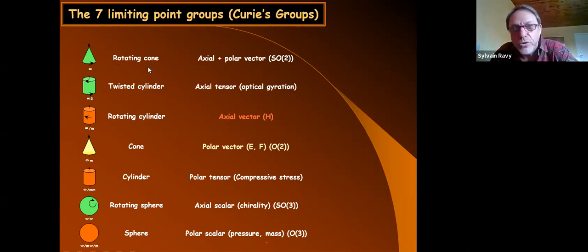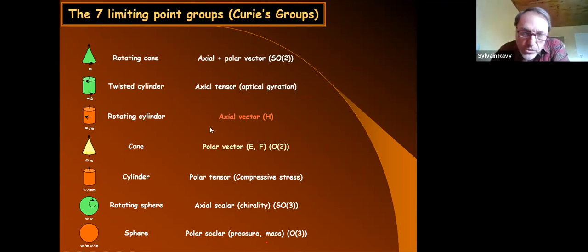For example, here the rotating cone is in the group infinity. The twisted cylinder is in the group infinity 2, which means that you have an infinite axis of rotation, vertical, and all-around axes of symmetry 2, etc., the cone, the cylinder, the rotating sphere, the sphere.